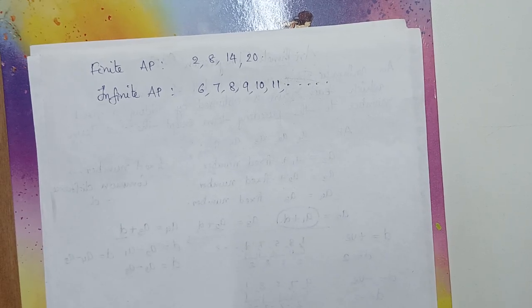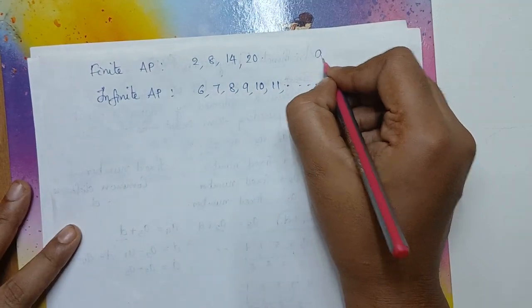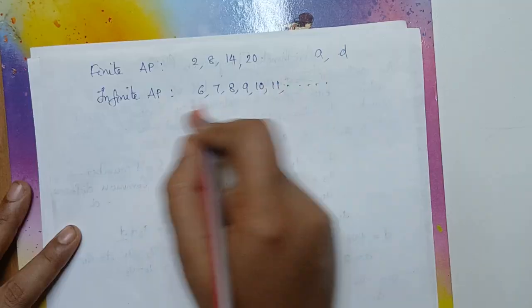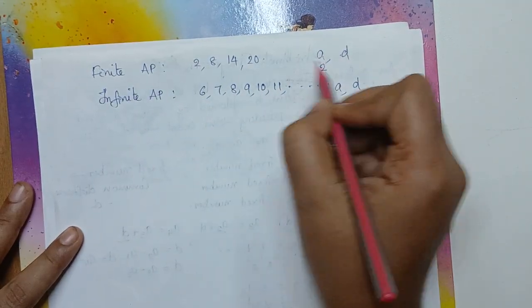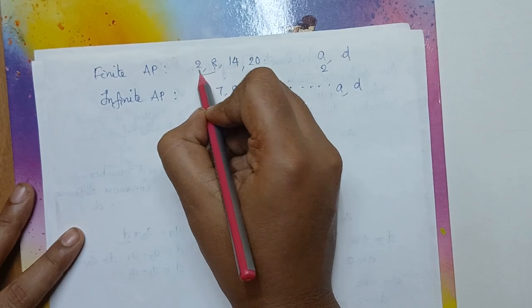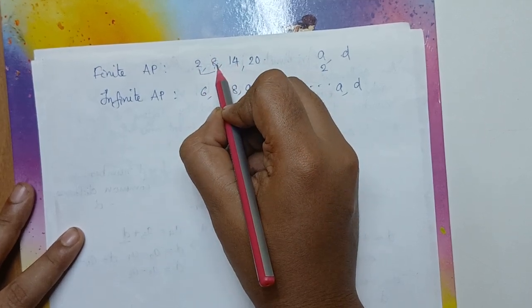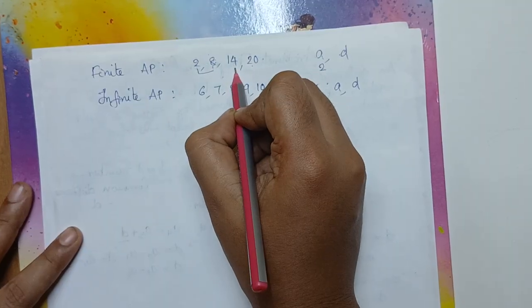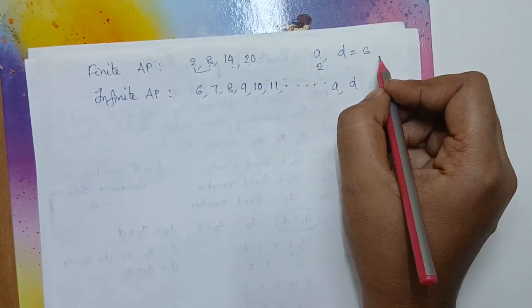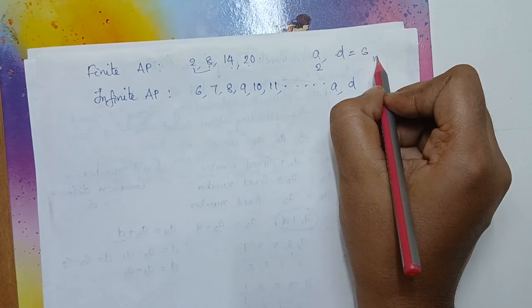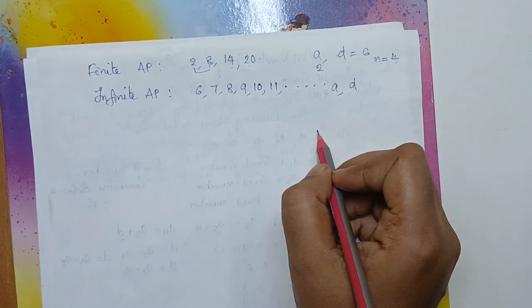Okay, so as an exercise you can find out A and D for the first AP and A and D of the second AP. So here A is equal to 2, and what is D? D is 8 minus 2, which is 6. 14 minus 8, again 6. 20 minus 14, 6. So D is equal to 6. And suppose N represents the number of terms, N is equal to 4.